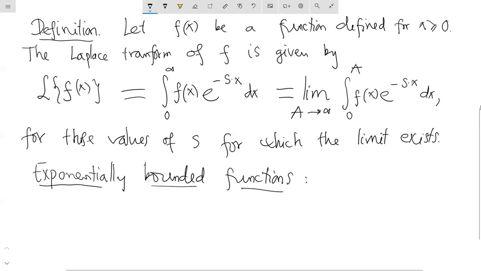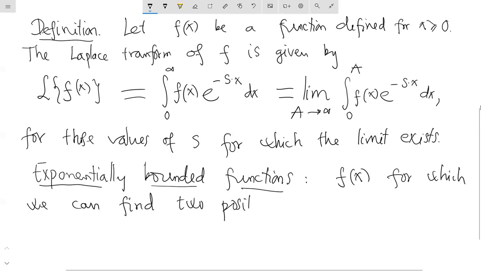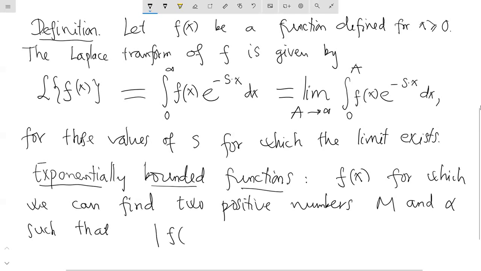These functions are functions of x, f(x), for which we can find two positive numbers, M and alpha, such that the absolute value of f of x is less than or equal to M times e to the alpha x for all x greater than or equal to 0.